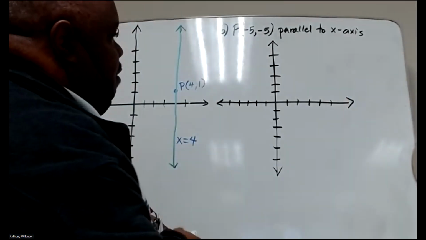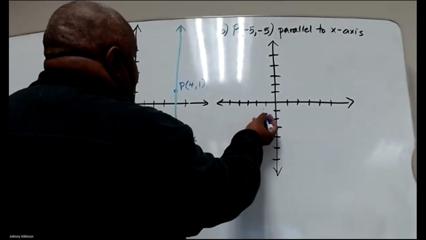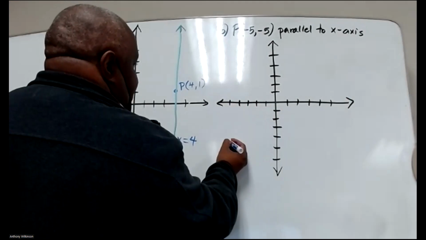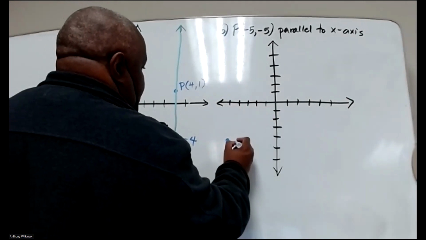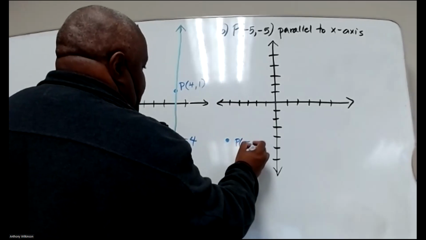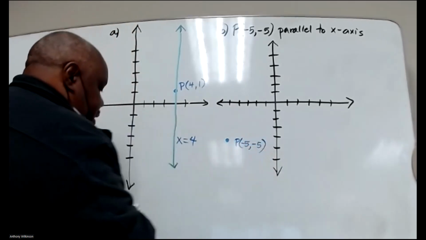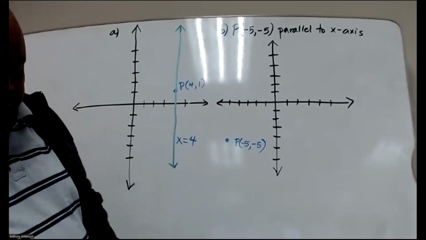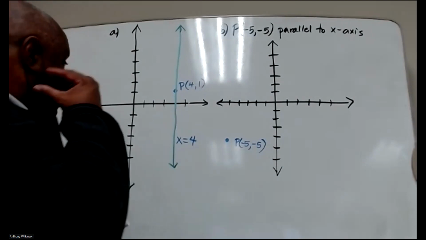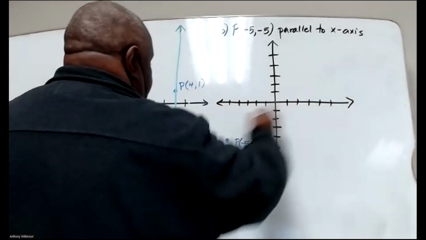Okay. So from (-5, -5), we go to the left 5 and down 5. So that point would be right here. And if it's parallel to the x-axis, here's the x-axis right here.